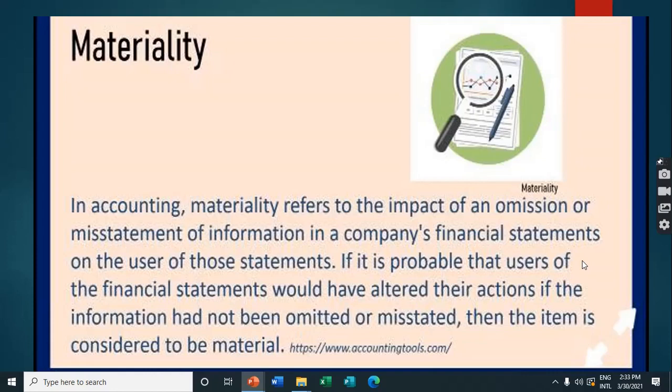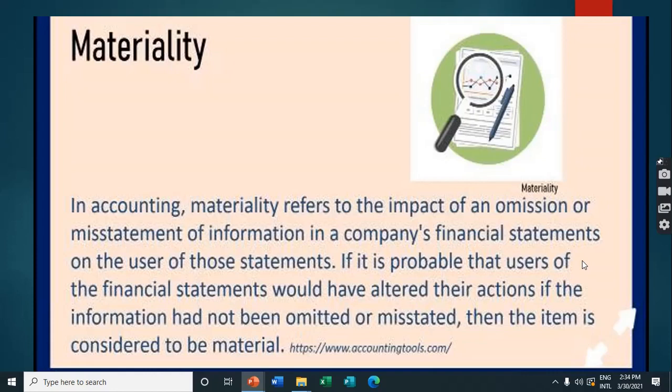So, materiality. So, it is something about an amount na kunyari nagkamali yung sa FS. Pagka yung sa desisyon mo nagbago dahil dun sa pagkakamali na yon, ibig sabihin the item is material.